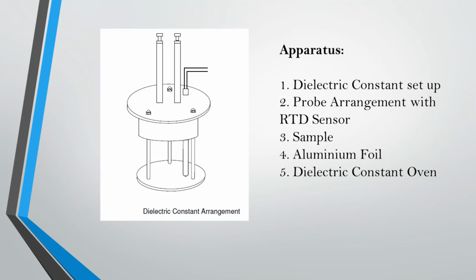Now these are the apparatus that will be used in this experiment: a dielectric constant setup and a probe arrangement with an RTD sensor. So this is the dielectric constant arrangement. There are two probes, and one aluminum foil will be the connector of these two probes, and between these two probes our sample, that is the barium titanate pellet, will be placed.